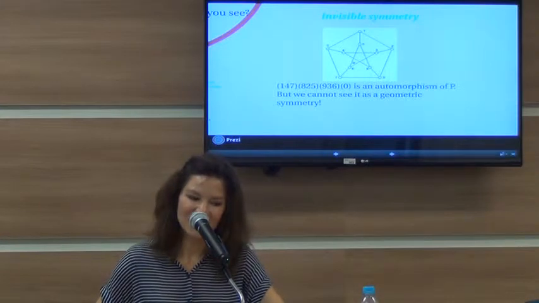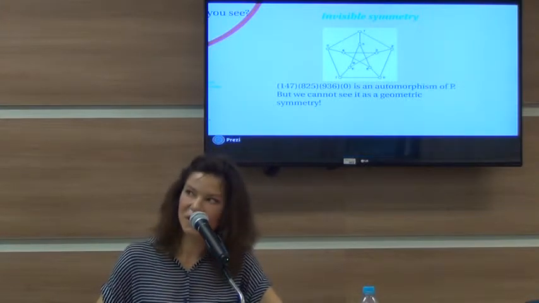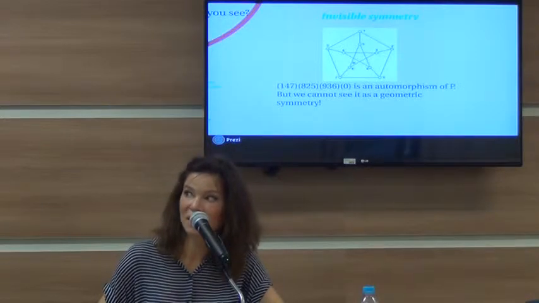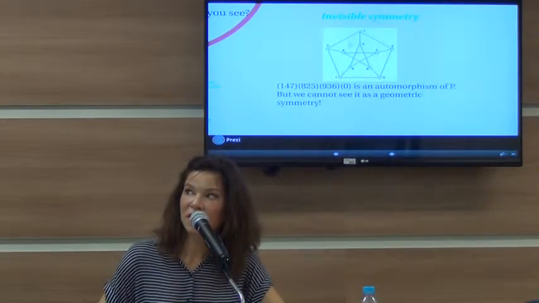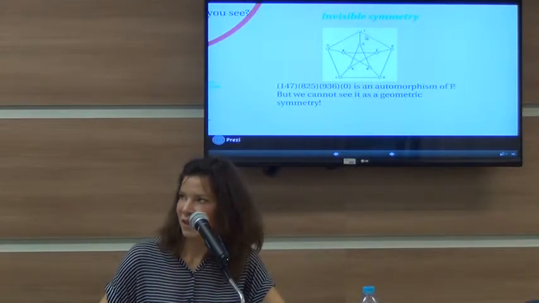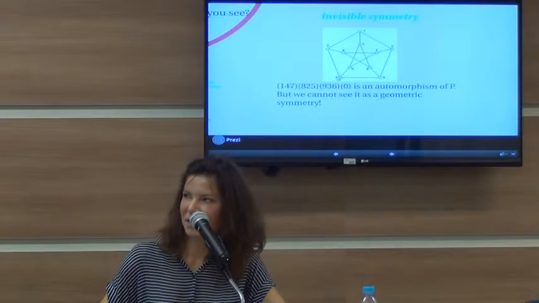And as I said, there are different drawings, and some show some symmetries and some not. For example, this drawing doesn't show us this kind of permutation. 1 goes to 4, 4 goes to 7. 1, 7, 4.